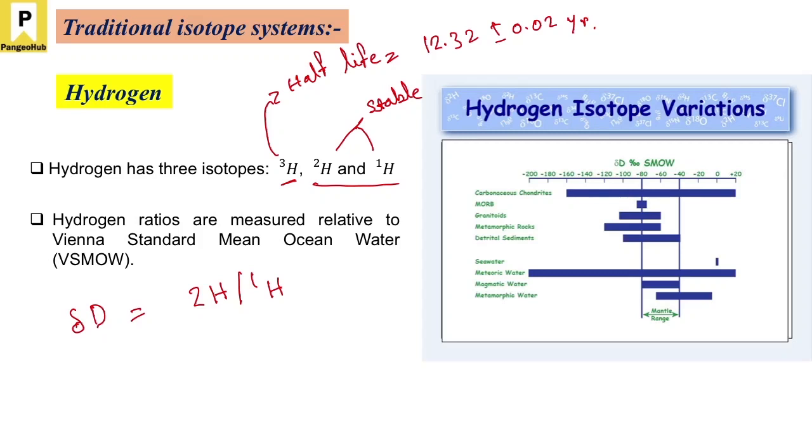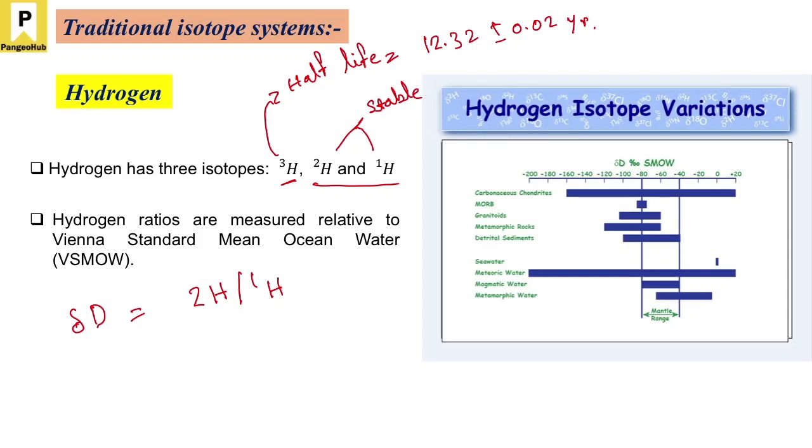So this hydrogen standard is basically VSMOW, and we can observe various properties by using this hydrogen stable isotope. For example, we can know about meteoric water, magmatic water, metamorphic water, sea water, what is fresh water or not, depending on the hydrogen cycle.